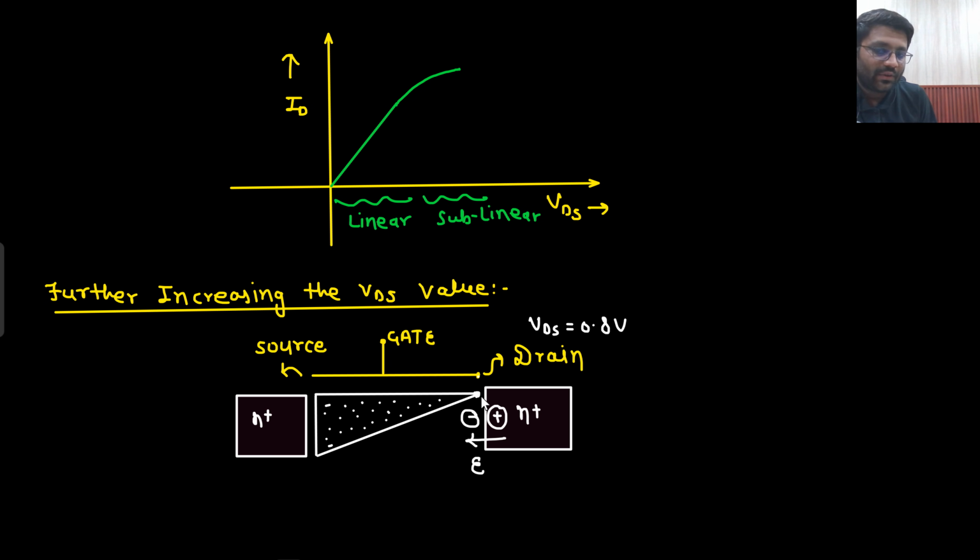So this particular point is known as pinch off. What is the meaning of pinch off? The channel is completely depleted of charge carriers from the drain end. This particular point is known as pinch off. So here pinch off has occurred.